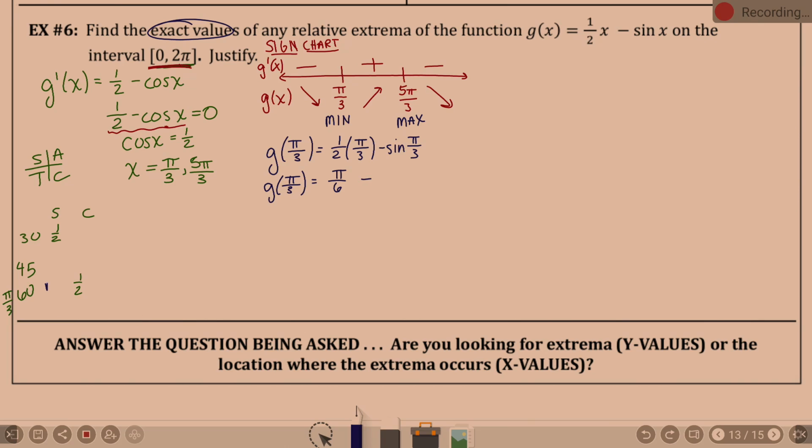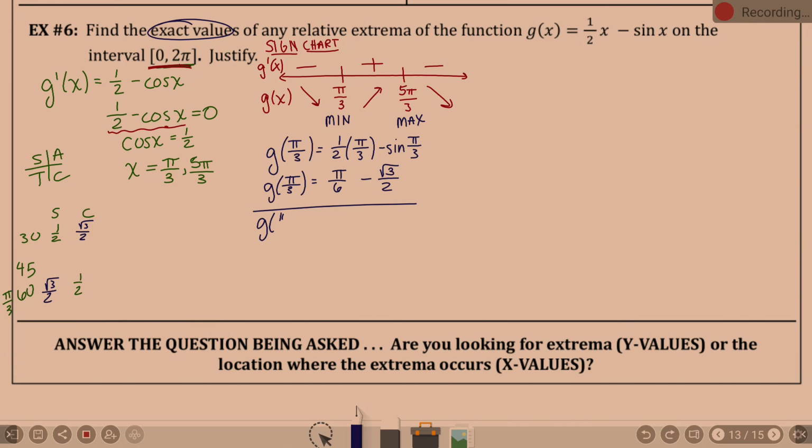I didn't fill these in earlier, but it is the square root of 3 over 2. That's your exact value, folks. The only other thing you could do is maybe a common denominator. Okay, let's get our other one, and then we'll write out our justification.